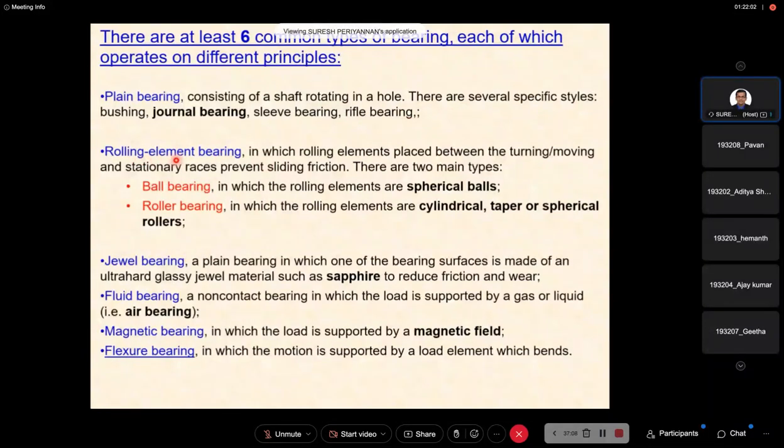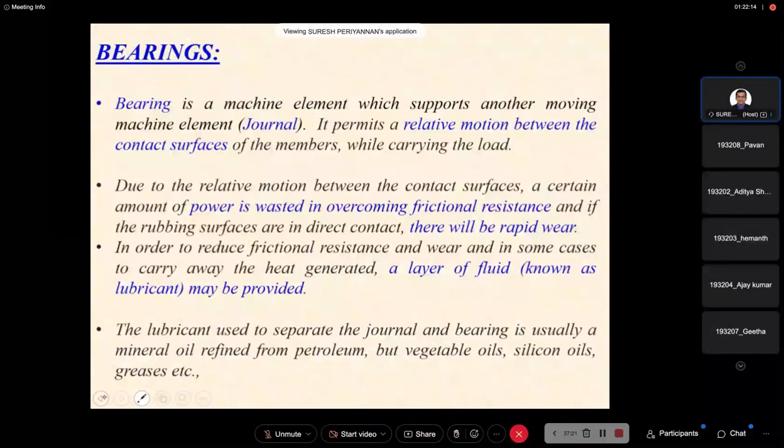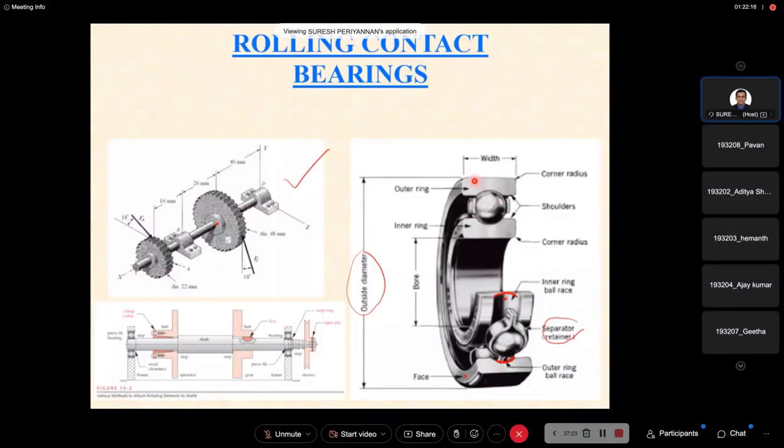Rolling contact bearing, or rolling element bearing, is one in which the rolling elements are placed between the turning and stationary races to prevent sliding friction. Here there is no sliding friction. This is the thing that is going to be fixed. This is the thing that is going to be connected with the shaft.